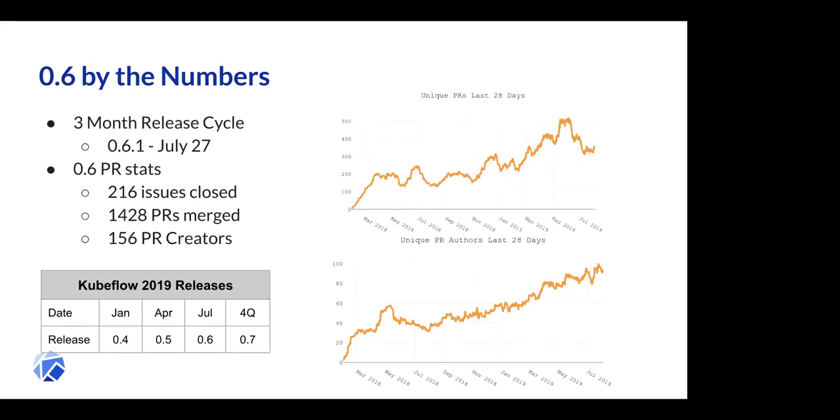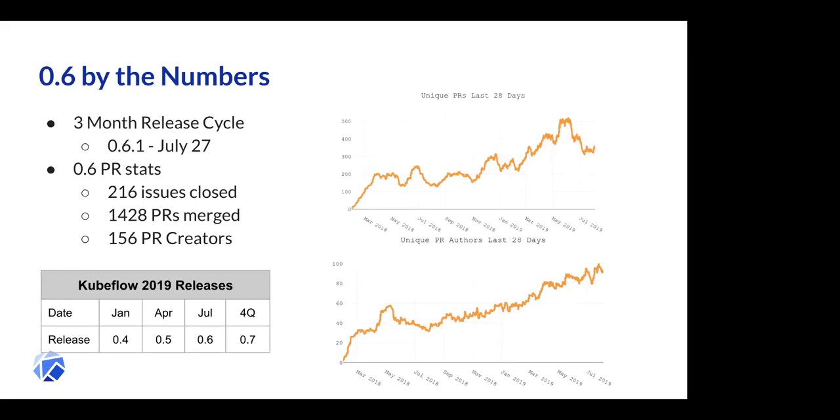We have over 216 issues closed, which is really impressive. I think even more impressive is the number of PR creators. We had over 150 unique PR creators, which is really impressive and shows how quickly we are growing as a community.